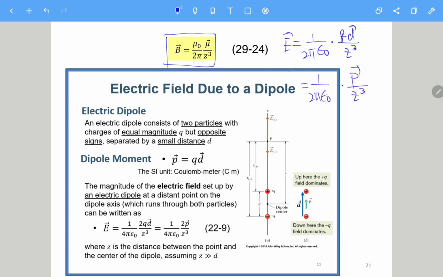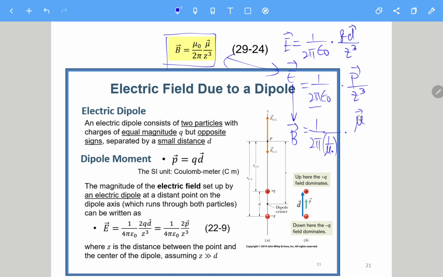Just as I mentioned, there is some duality there. For this one, you just change E to B. The 2 pi doesn't need to change. For epsilon, you change it to 1 over mu naught, and for P, you change it to mu, going from the electric dipole moment to the magnetic dipole moment.